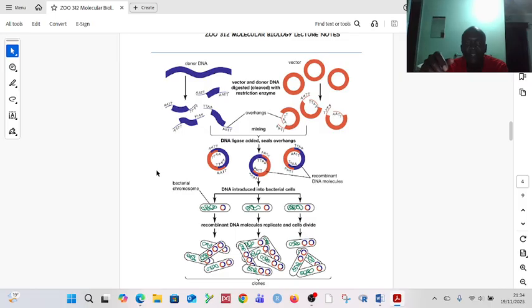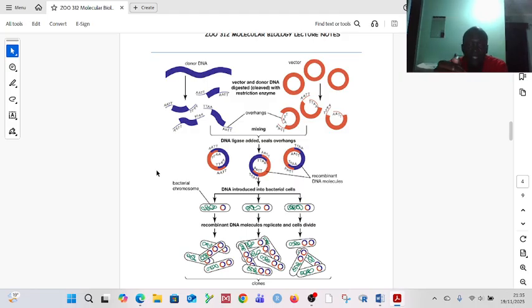You cut your donor DNA with the restriction enzyme, you cut the vector with the same restriction enzyme. You mix the product of the donor DNA after being cut with the restriction enzyme and the vector after being cut with restriction enzymes.